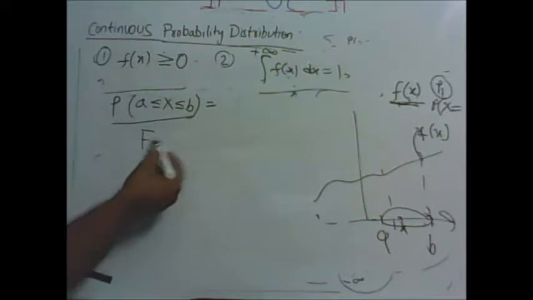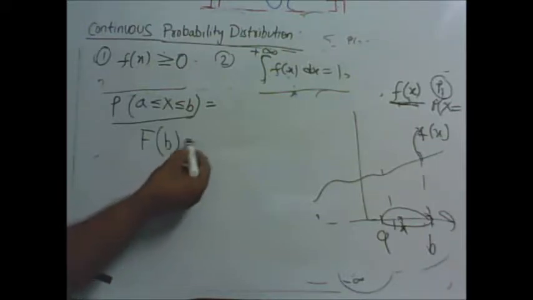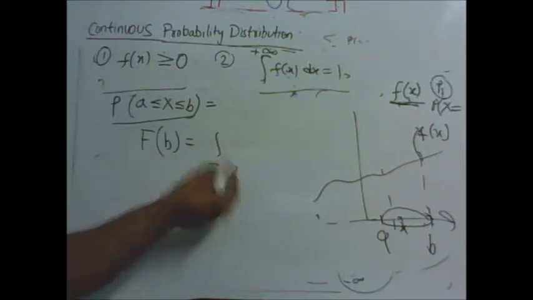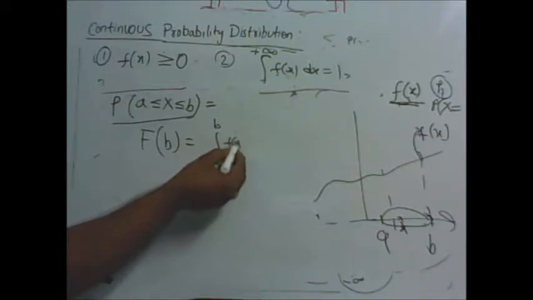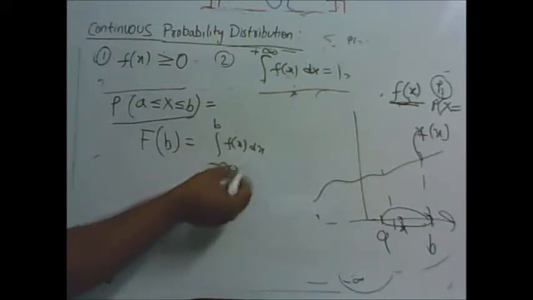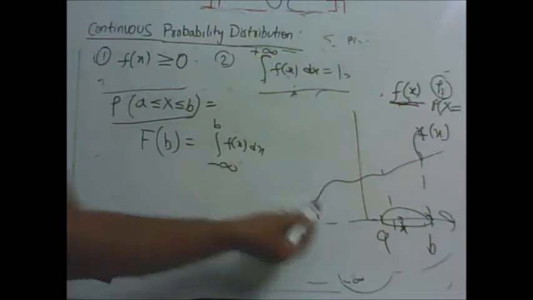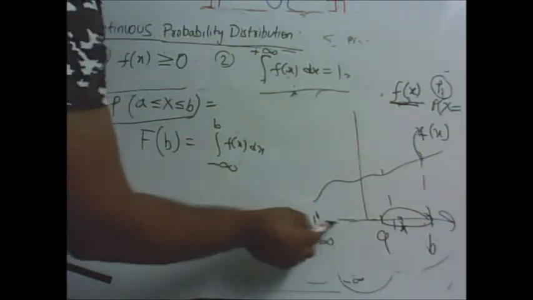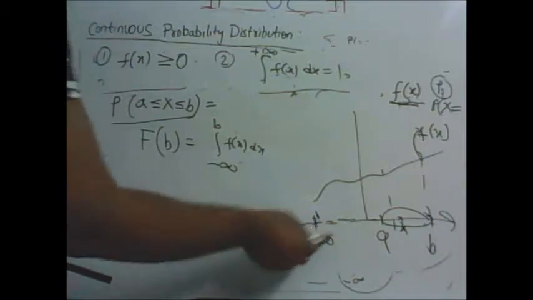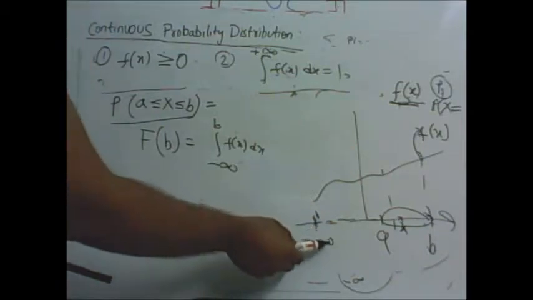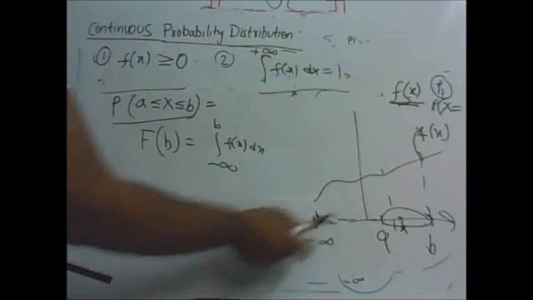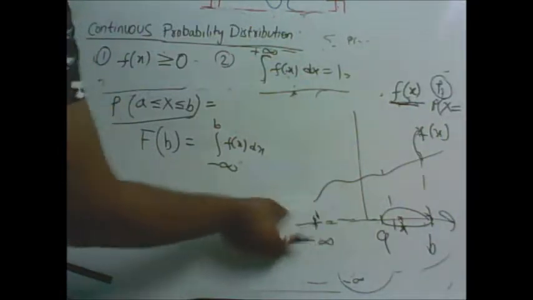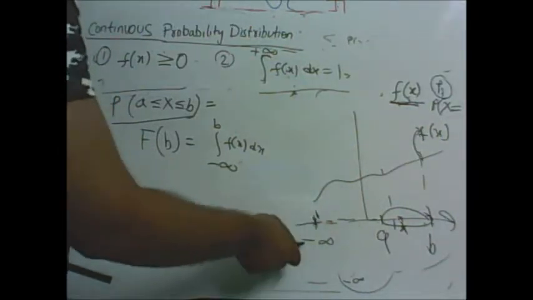First of all, tell me what is F of b. F of b is the integral from minus infinity to b of f of x dx. From the calculus part, this is the area from minus infinity, somewhere on the x-axis, up to b. We don't know exactly where minus infinity is, but for understanding purposes I am showing it on this side.